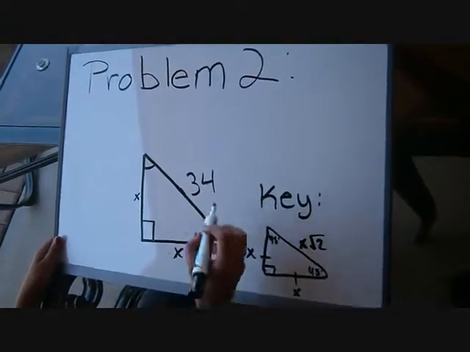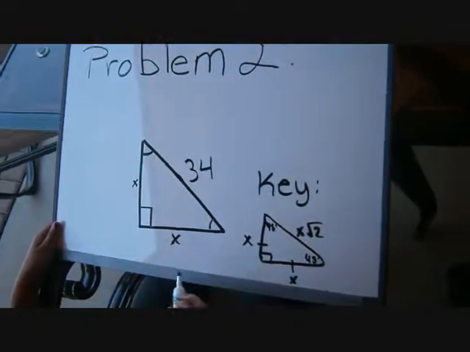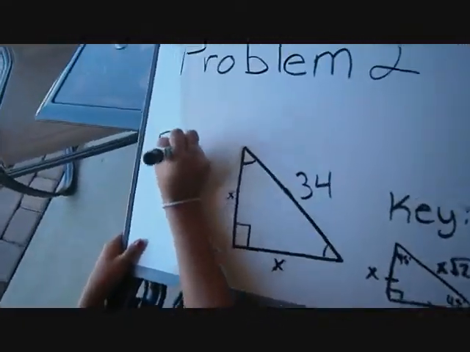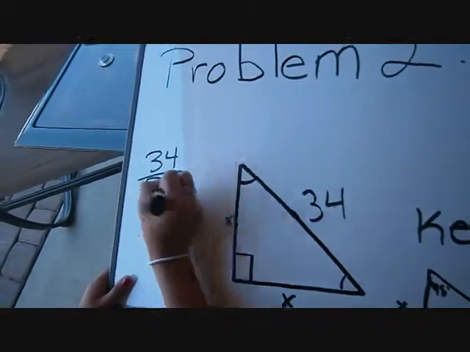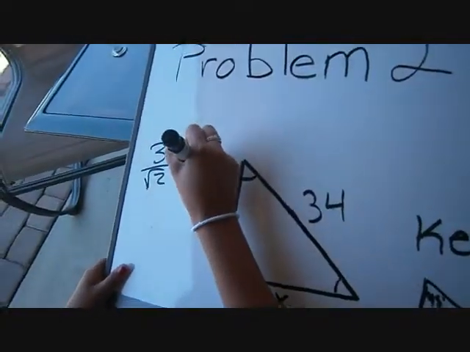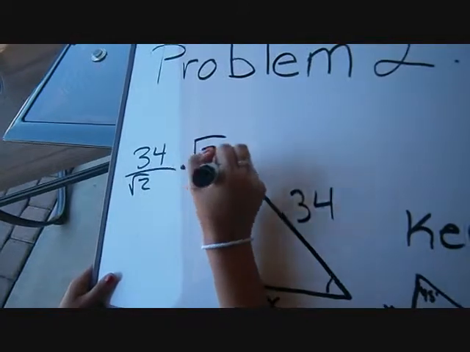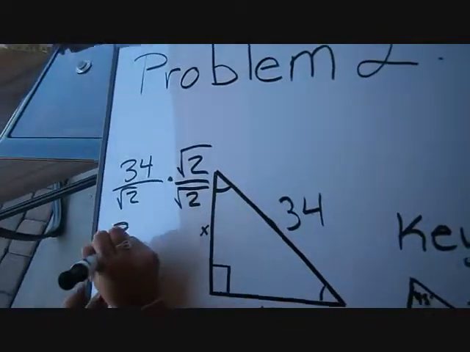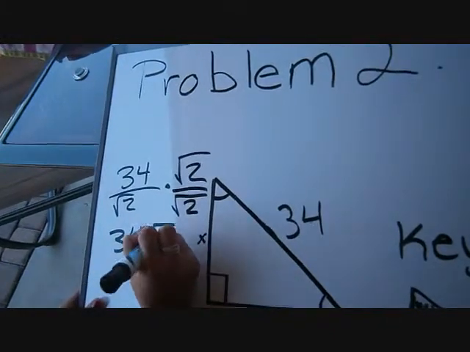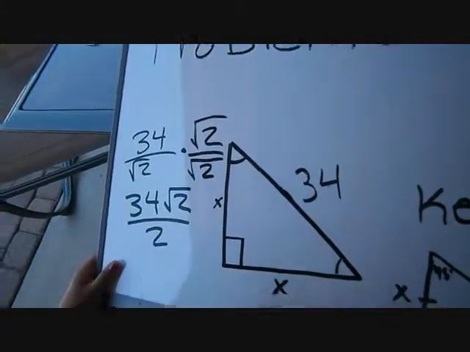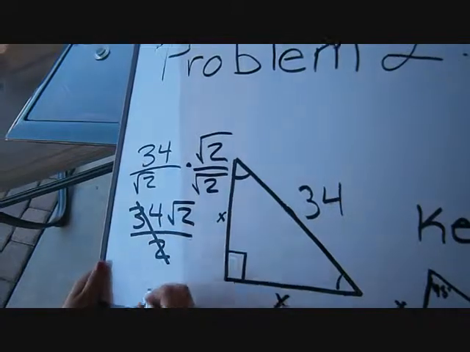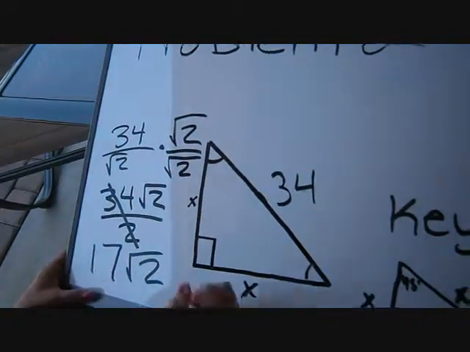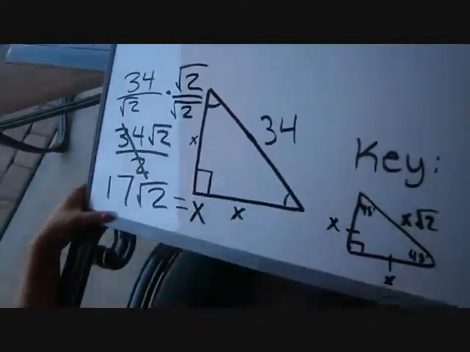Okay, since this is x radical 2, then you have to divide by radical 2, so you have to multiply the radical 2 over radical 2, which is 1, so it would be 34 radical 2 over 2. You cross that out, and that's 17 radical 2 equals x.